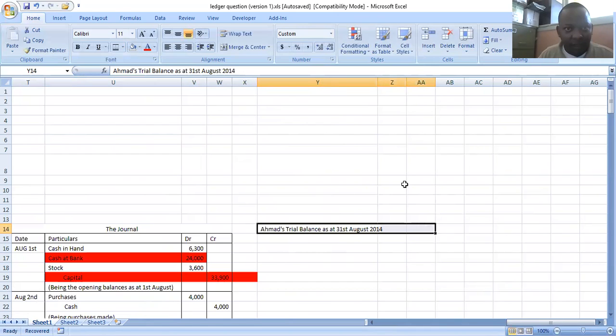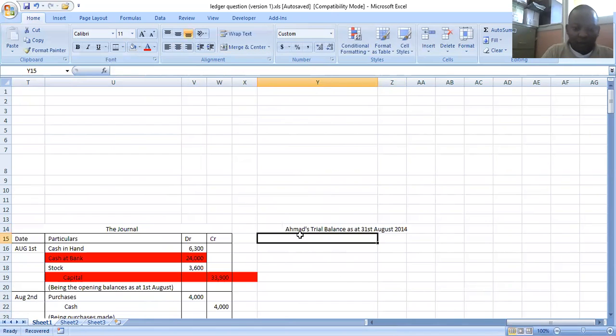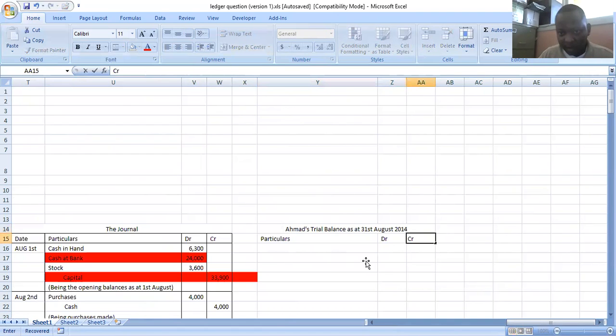So you prepare this. In this column we have the particulars. Here you have the debit balances, and then we have the credit balances. So then I draw the columns for this trial balance.